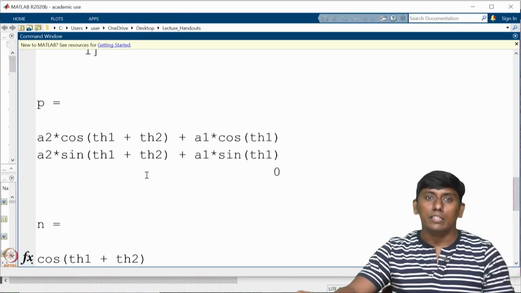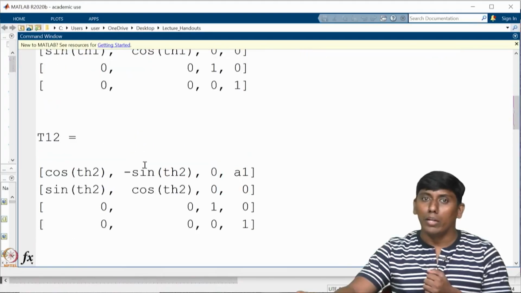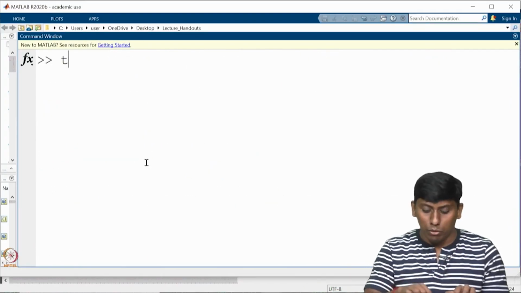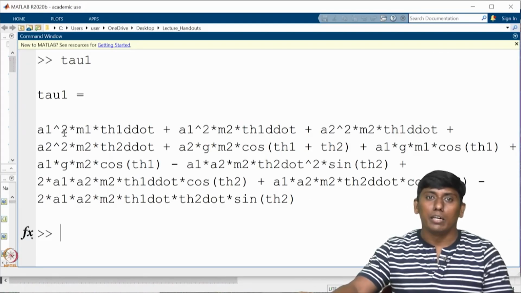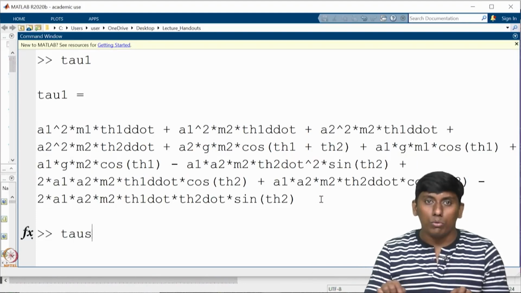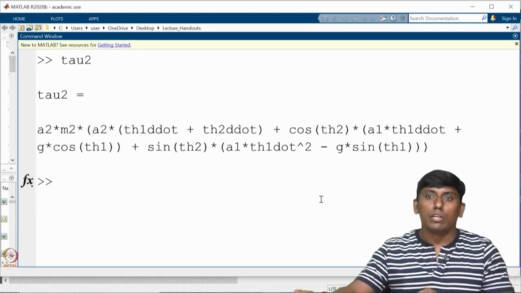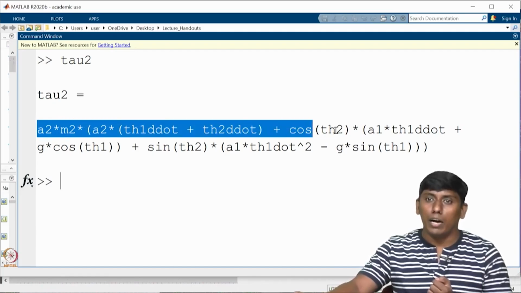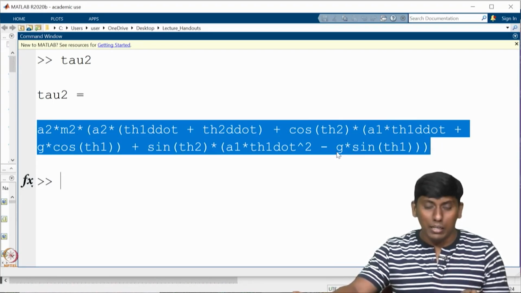So you can see this is the kinematic model. What we are interested in right now is to find tau 1. So tau 1 is here, you can write it in the same form, and similarly you can see tau 2. Now you can cross verify these equations that we obtained right now with what we obtained here also.